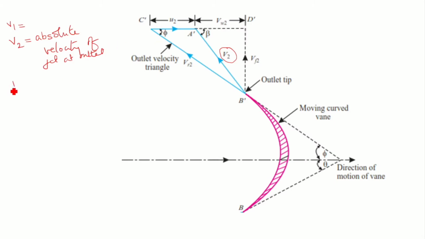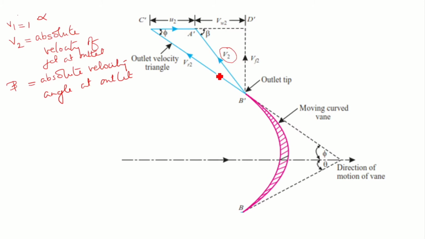So beta is the absolute velocity angle at outlet. At inlet, we take it as alpha, the absolute velocity angle at the inlet. So here it is V2.